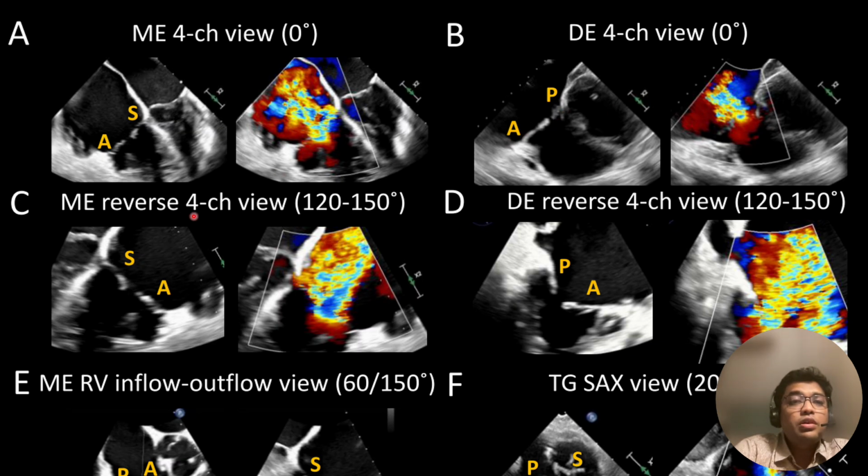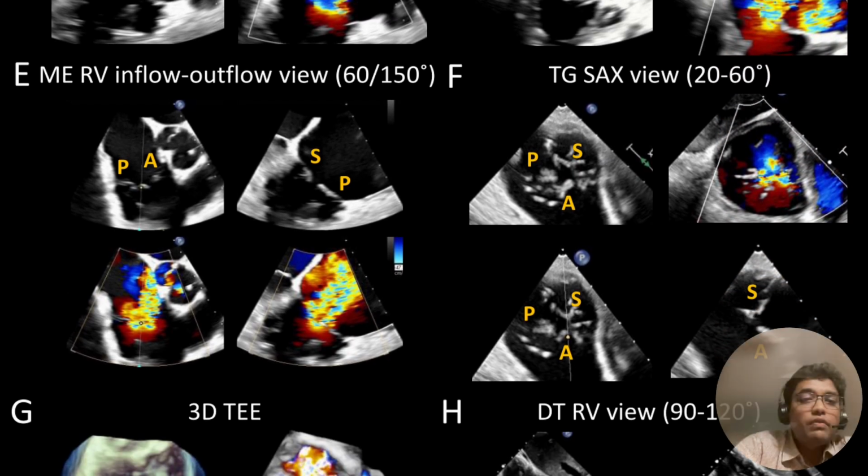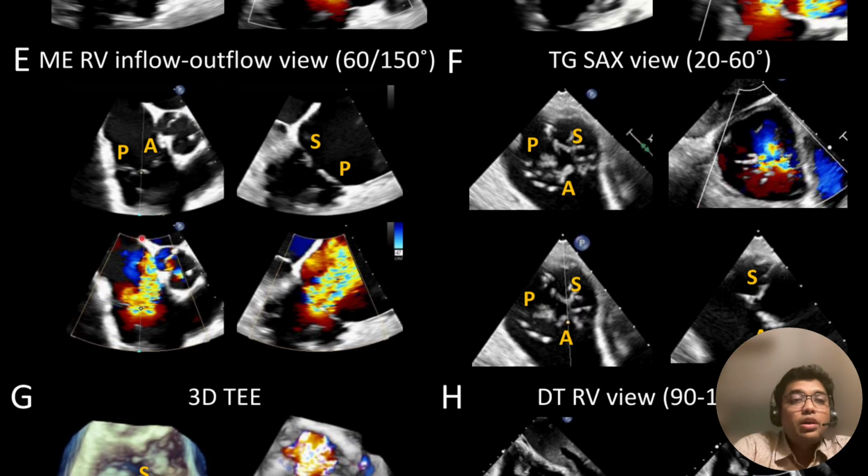In deep esophageal four-chamber view, at 0 degree, usually it is a posterior leaflet and your anterior leaflet. Whereas in your mid-esophageal reverse four-chamber view, it is just the opposite of your mid-esophageal four-chamber view. Deep esophageal reverse four-chamber view, it is just the opposite of your deep esophageal four-chamber view. Then mid-esophageal RV inflow-outflow view. In the RV inflow-outflow view, it is a very important view.